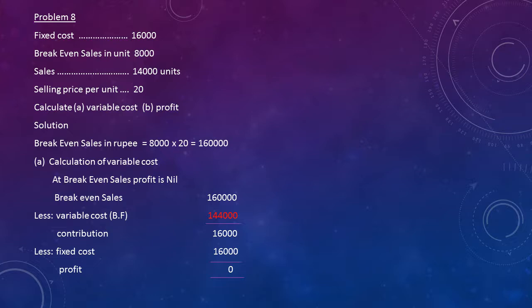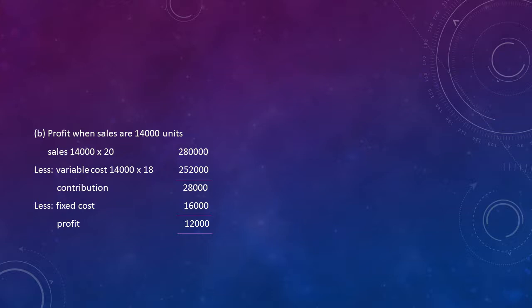So contribution is 16,000. Break-even sales is 1,60,000. Just deduct contribution from your break-even sales, then you will get the answer for variable cost.